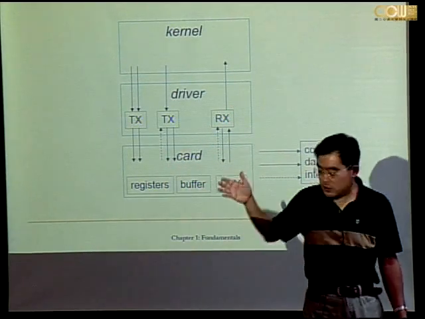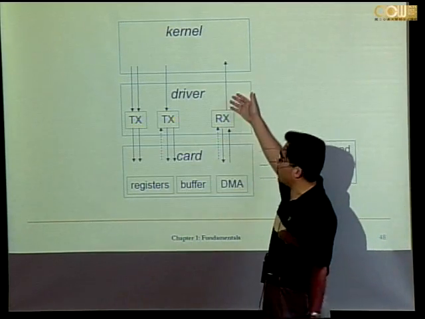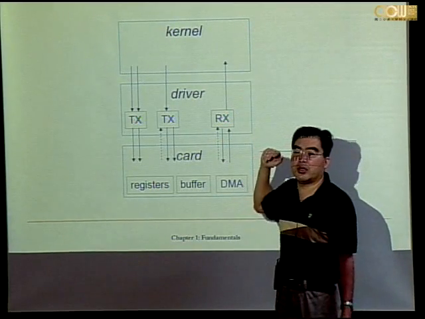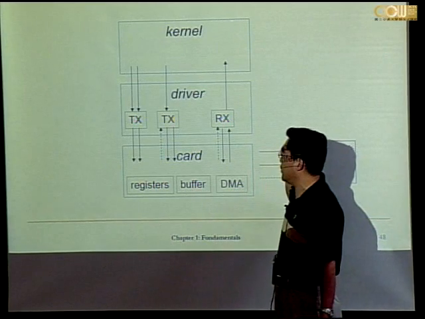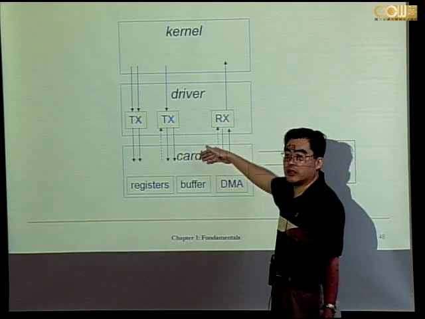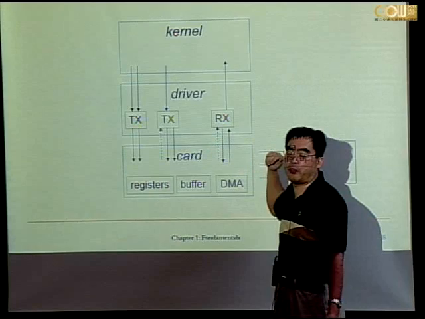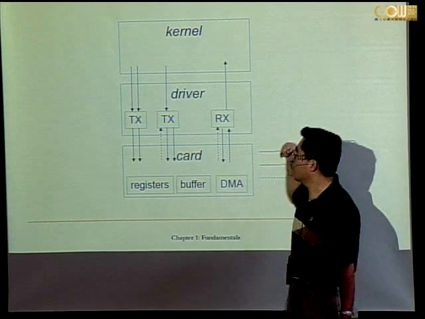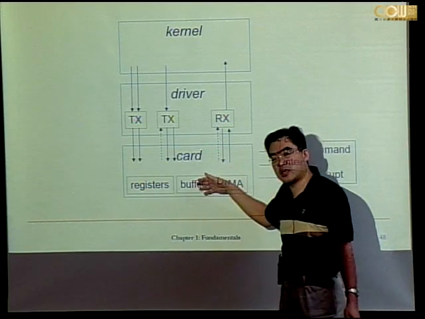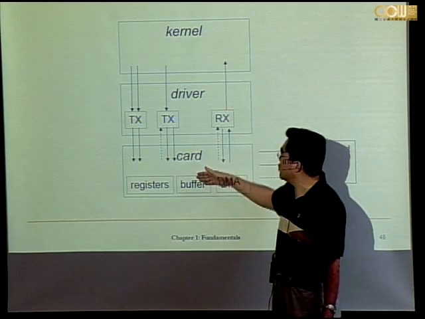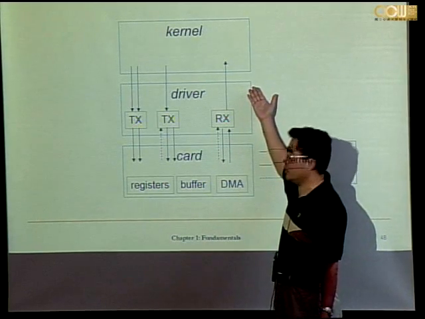Now after reading the register, the driver understands that there's a packet coming in, and I need to tell the interface card where to copy the packet to, because the packet is now in the interface card's memory buffer.